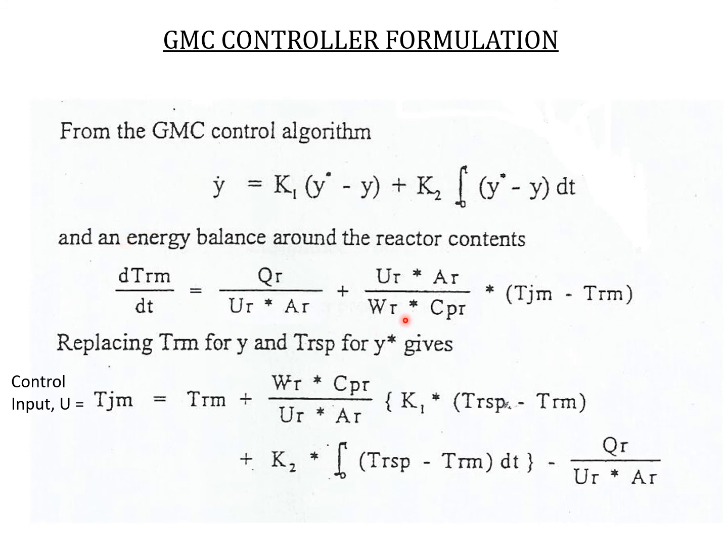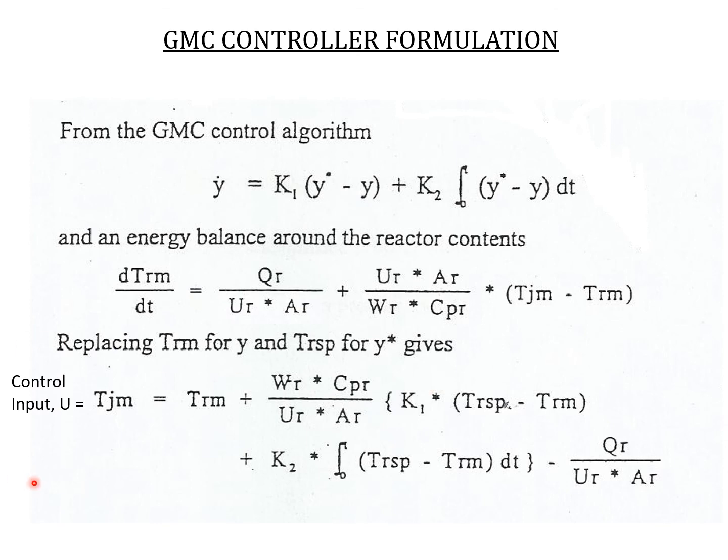It is a standard exothermic reactor balance, in this case for the batch system, and we replace it by our normal nomenclature. The control input is u, the TJ, the jacket temperature that we want to control, and y is the TR, the temperature of the reactor.